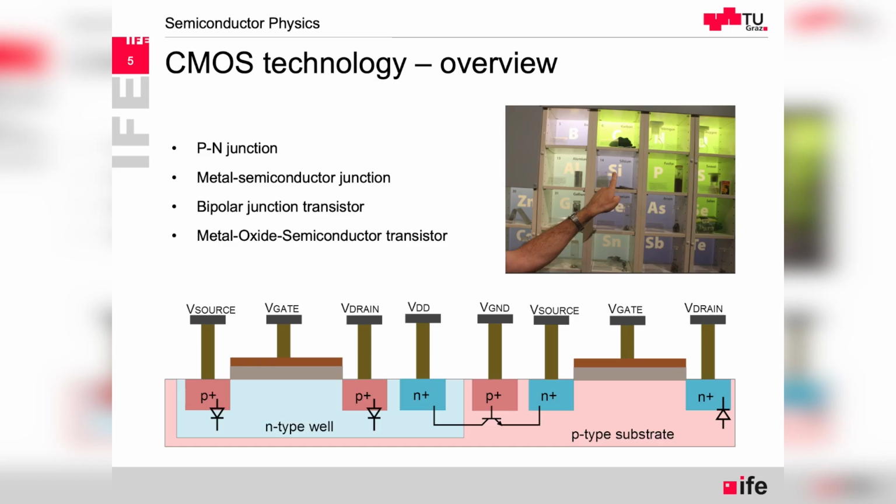So even if we are only dealing with the CMOS technology without special additional conditioning circuits, some sensing circuits that are integrated, still we will have those diodes as parasitic and bipolar as parasitic, which we also have to understand, what influence they make on the transistor and circuit operation itself.